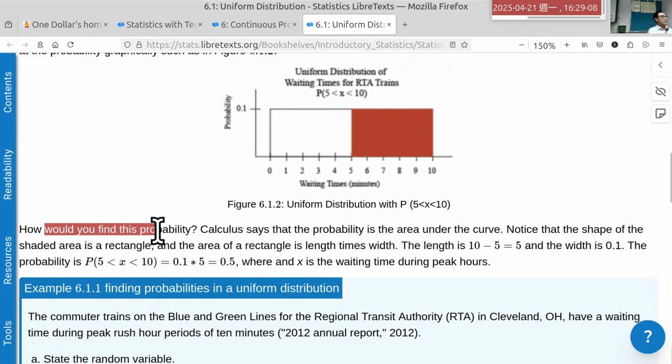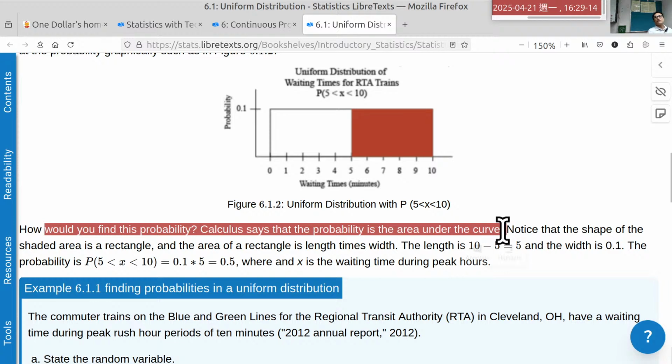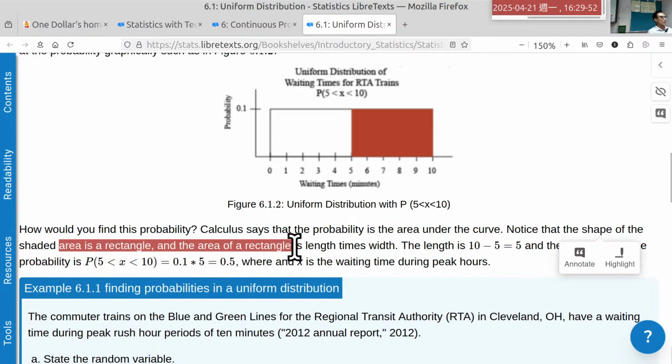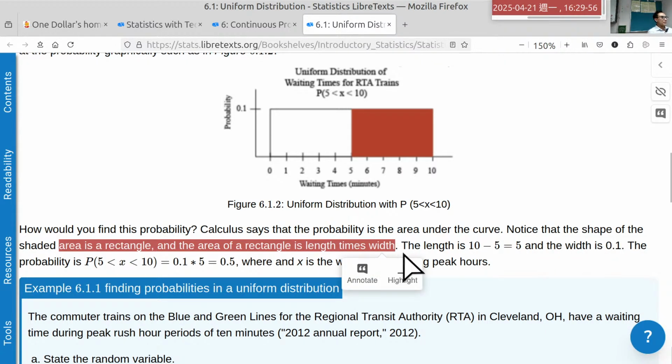How would you find this probability? Calculus says that the probability is the area under the curve. I have no idea whether you are already taking a calculus course, but in the future, if you want to study further, the area of a rectangle is length times width.